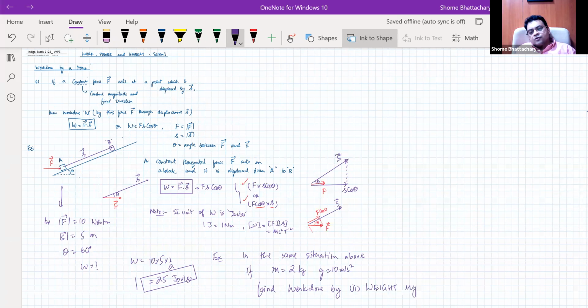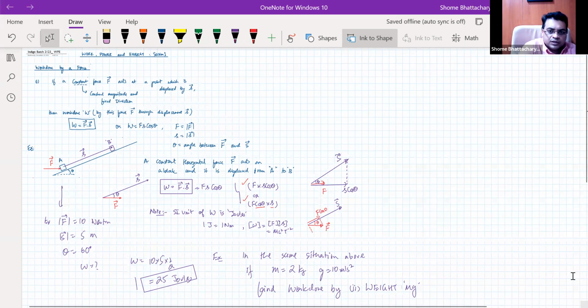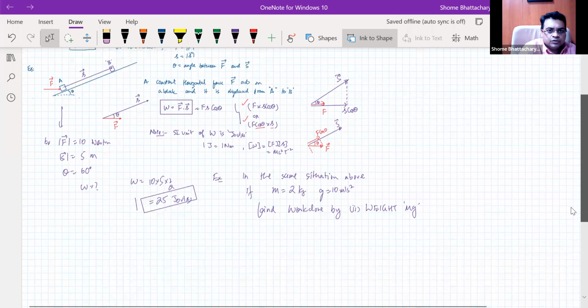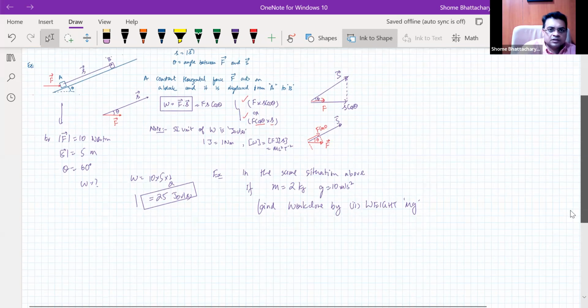Weight is a force which we call mg, or it's of magnitude mg. So let's find out the work done by the weight, and let's also find the work done by the normal reaction force. These are two other forces which are acting on the body. So let's find these.